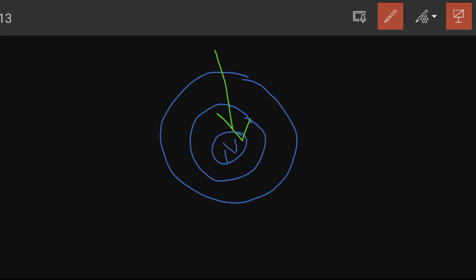When an incident beam of light falls, it may excite the electrons. These are different shells. The electrons in the inner shell get excited and are ejected from the shell, creating an electron hole where the electron was.